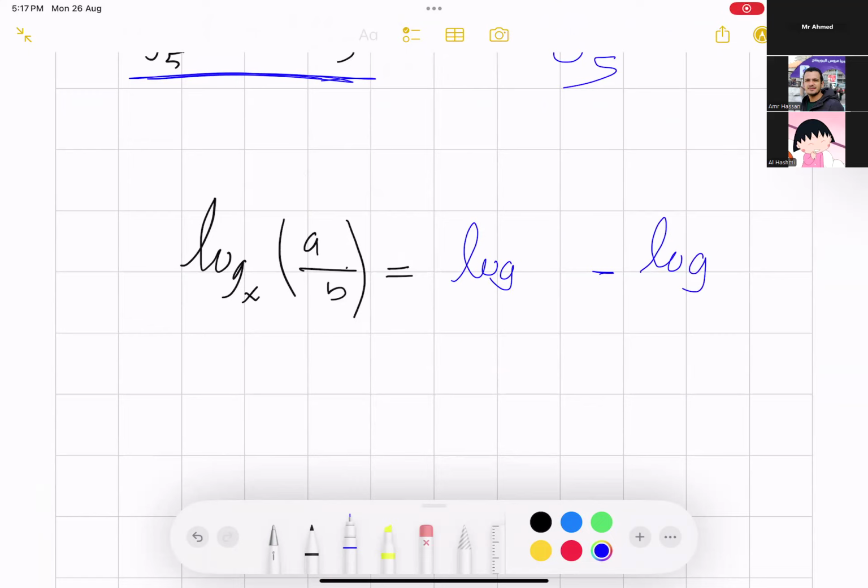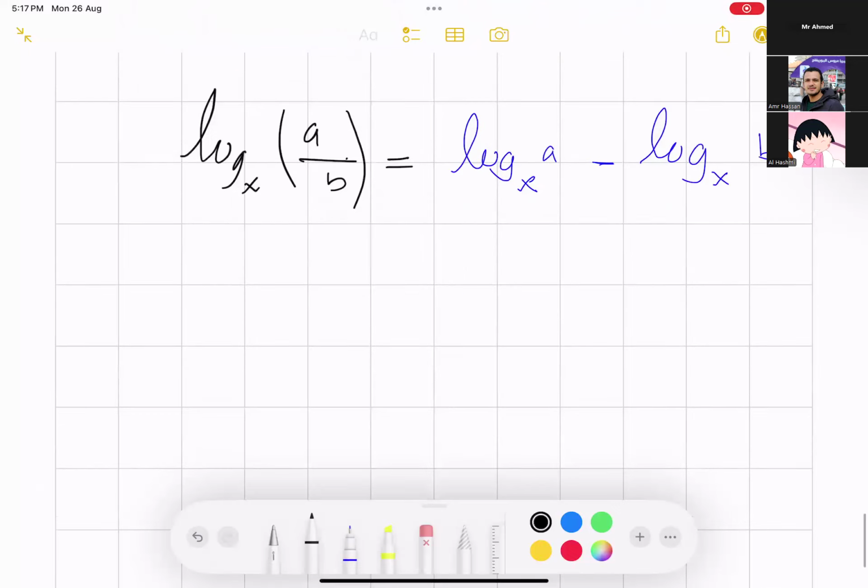Did you get it? So what I want to do is just try to keep the same base, and here we have a, on the other side we get b. Did you get it?